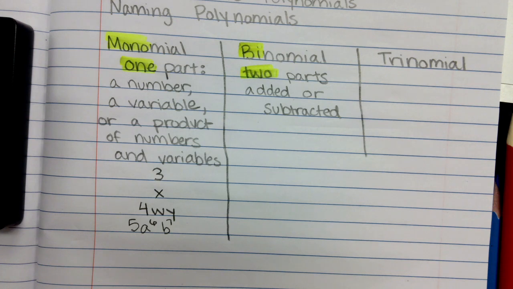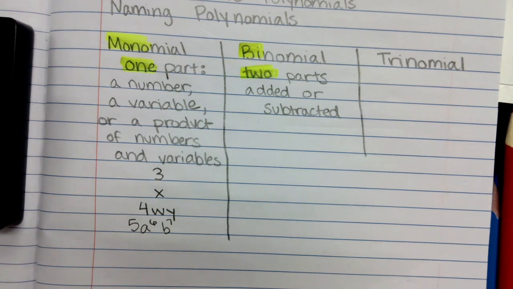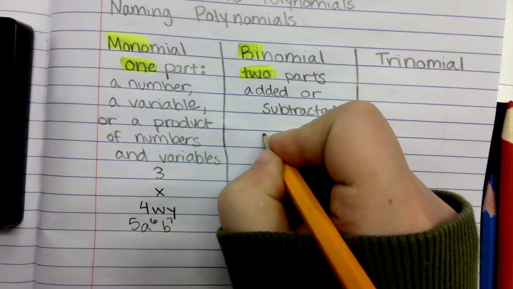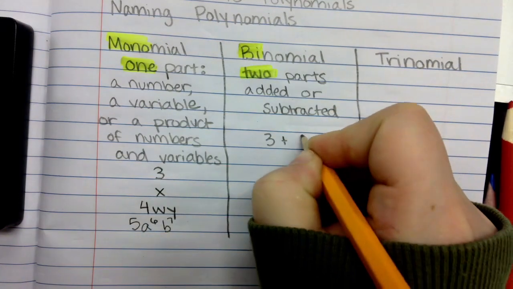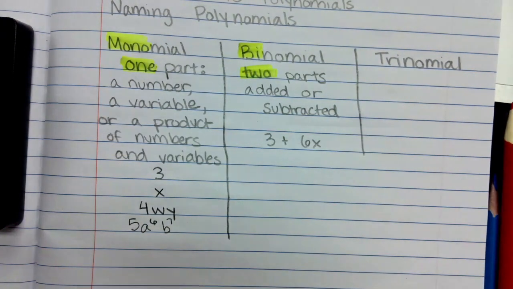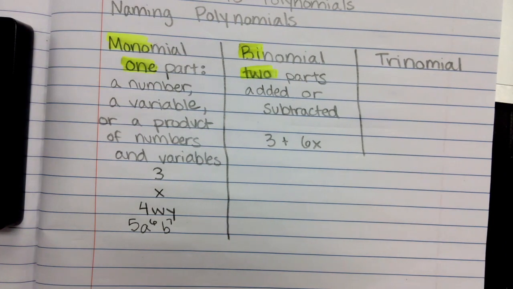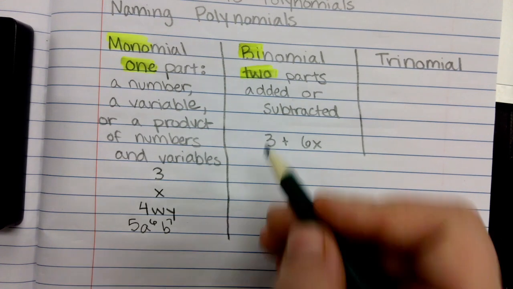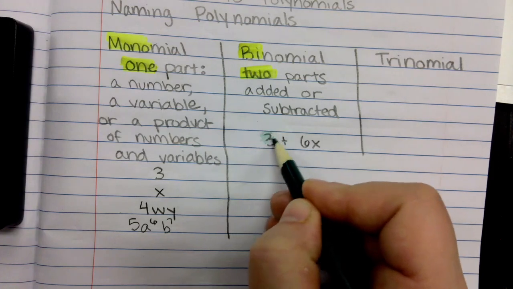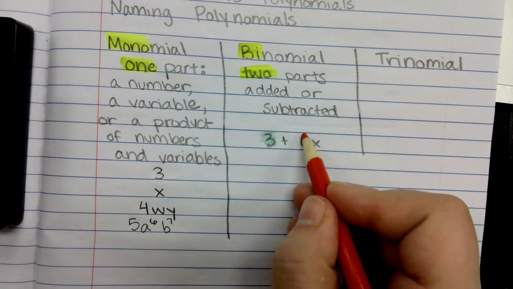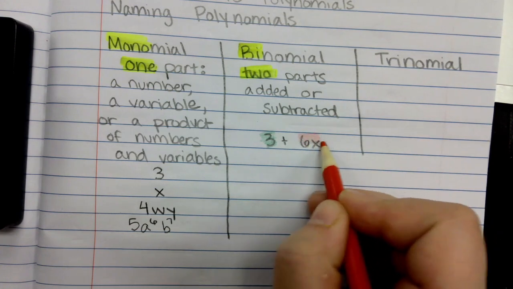So for example, if I have 3 plus 6x, that's 2 parts. What is my first part in 3 plus 6x? 3 is one part. What's the other part? 6x. Those go together because they're being multiplied together, so that's another part. So those are really just 2 parts. We have the 3 plus and then the 6x.